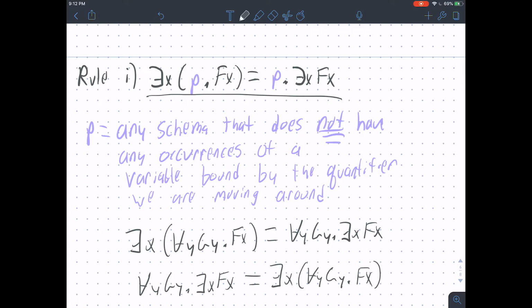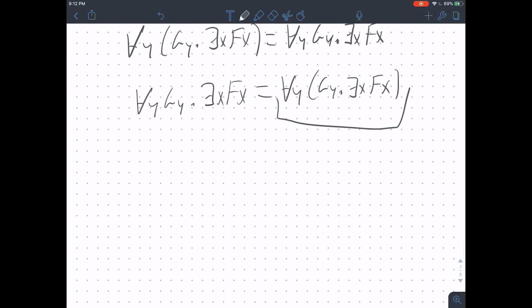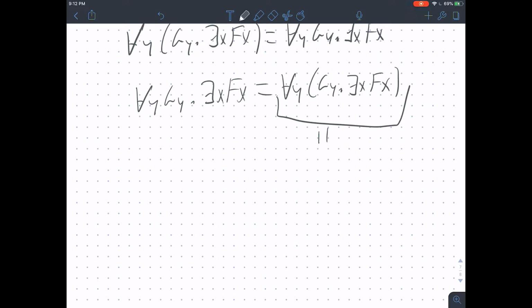Because the inside of the parentheses down there, it's like we have something like that, and so if we applied rule 1 to that, we would get this. Yeah, just to show you how that works.